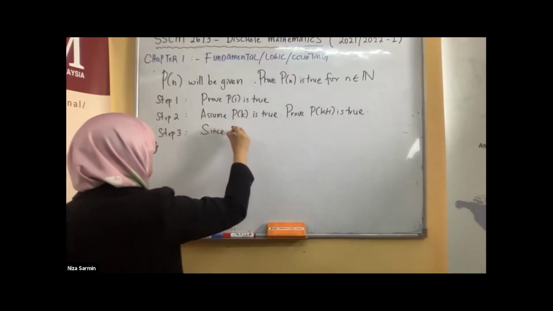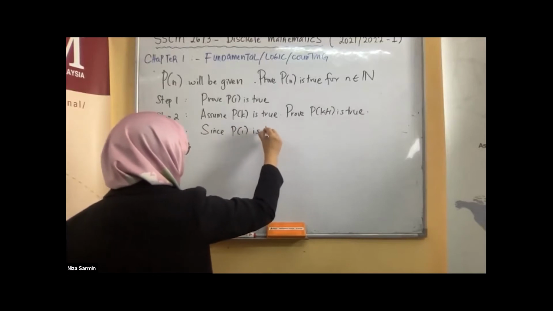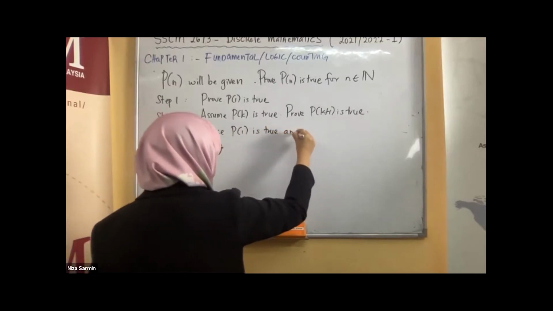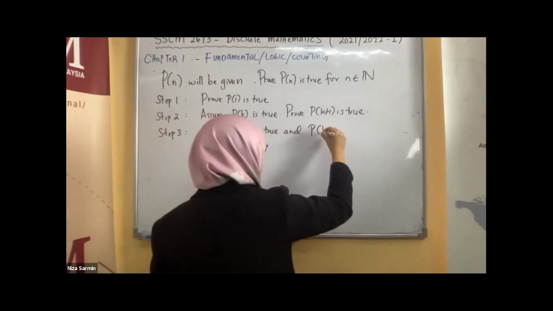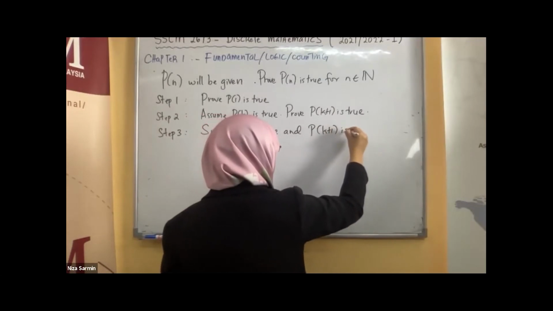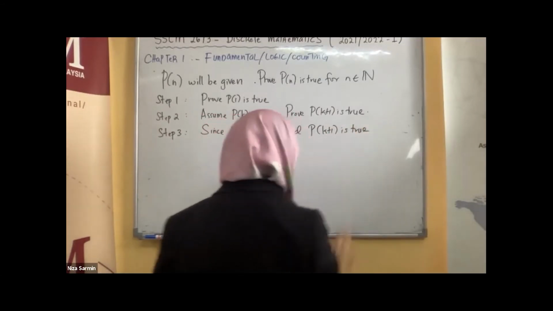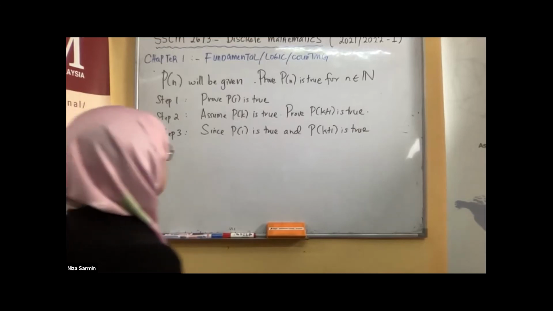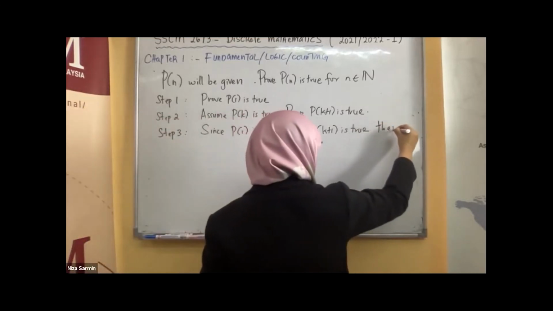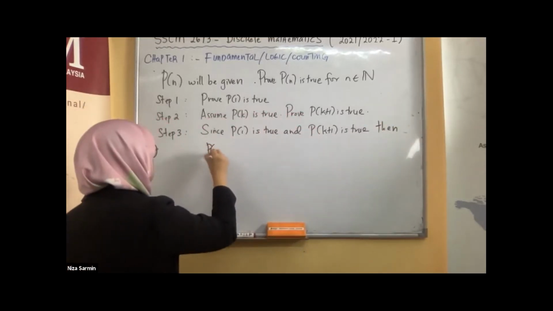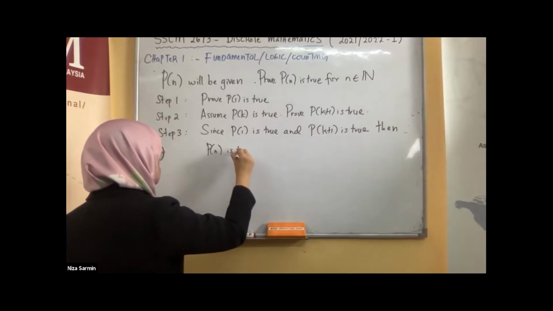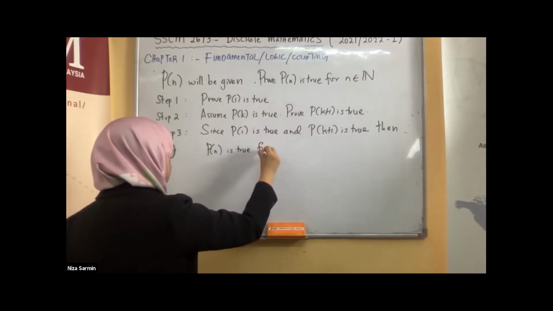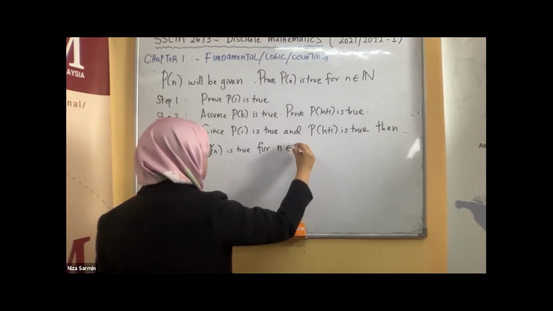Since P1 is true and Pk plus 1 is true, then Pn is true for all n.